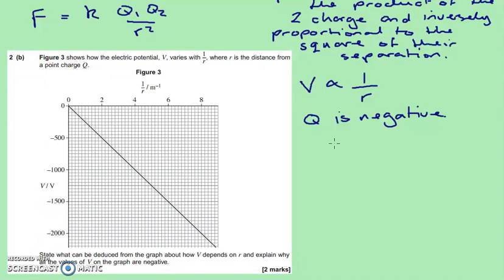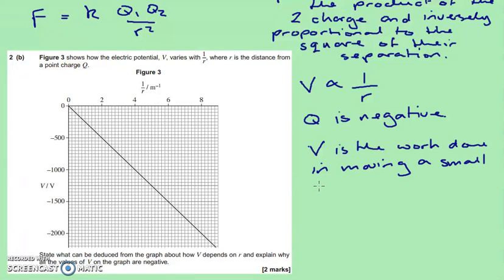So if you think about our definition for electric potential, V is the work done in moving a small positive test charge.